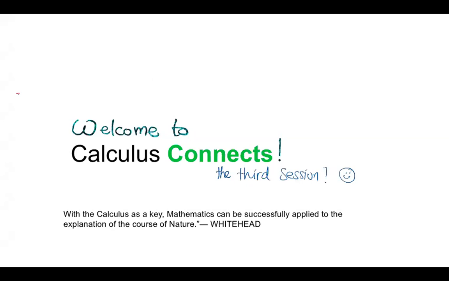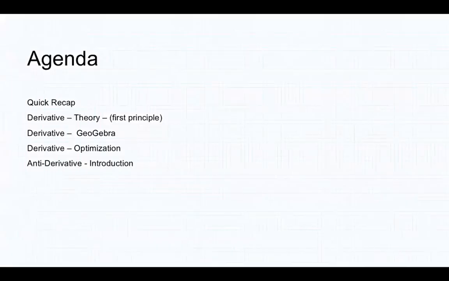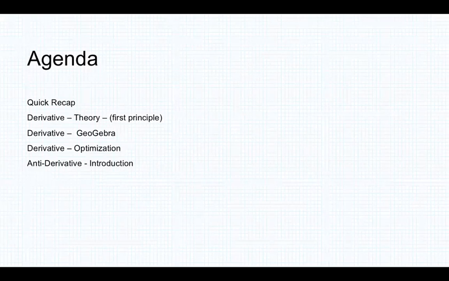So this is our third session on Calculus Connects, and the agenda for this session is a quick recap. We will discuss what we have done so far very quickly. Then today we are going to focus mainly on derivative. We are going to approach them from graphical point of view, from the theoretical point of view, and we will also see some applications.